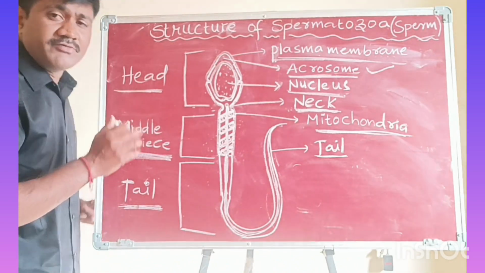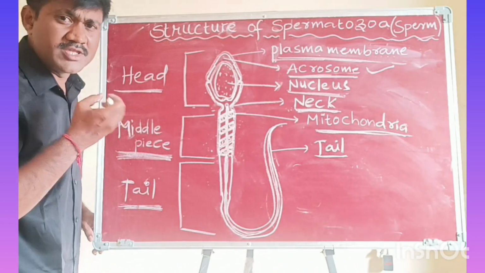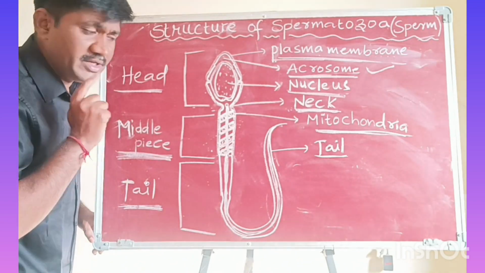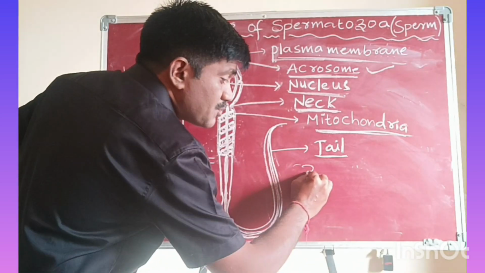At the time of ejaculation, in one ejaculation 300 million sperm cells are released.